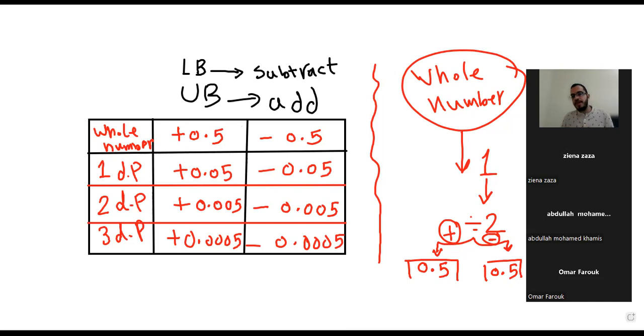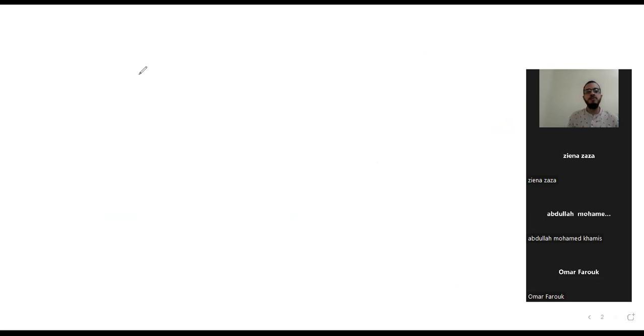Okay guys, to understand more, you need an example. For example, if you have the number 17, and you need to find the lower bound and the upper bound to the nearest whole number.